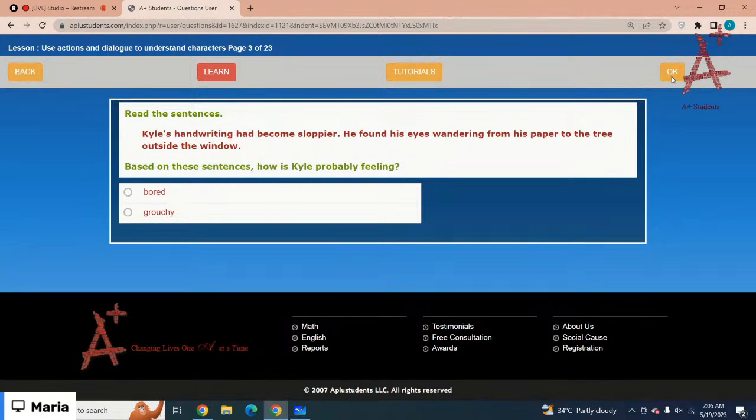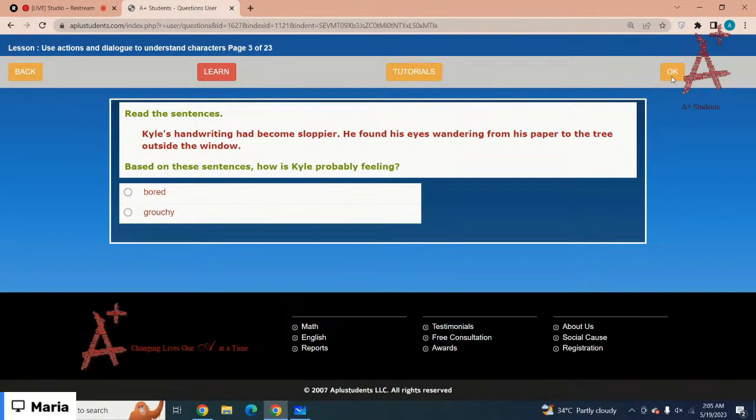Read the sentence. Kelly's handwriting had become sloppier. She found her eyes wandering from her paper to the tree outside the window. So, based on these sentences, how is Kelly probably feeling? Bored or grouchy? She is bored. Got it?